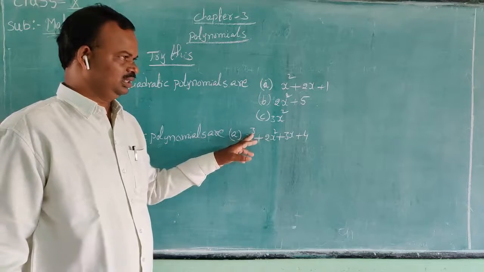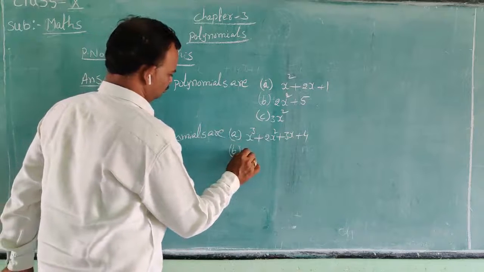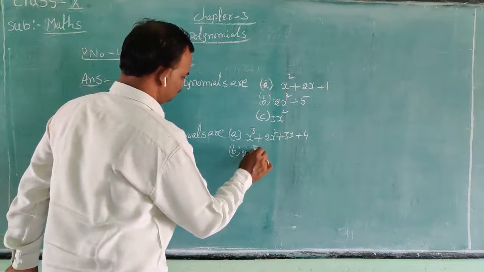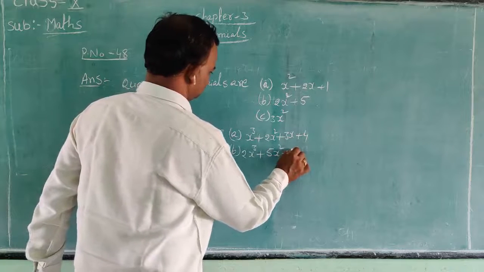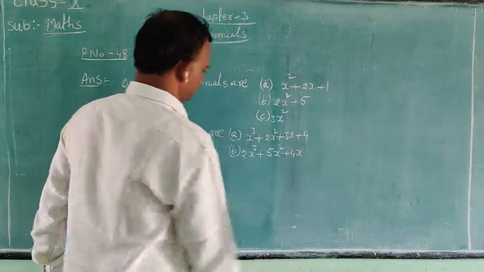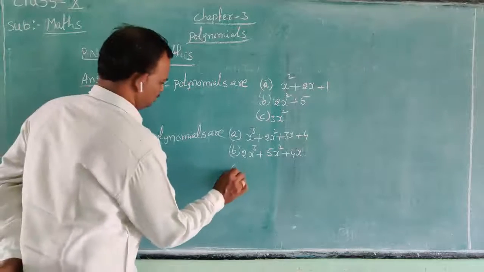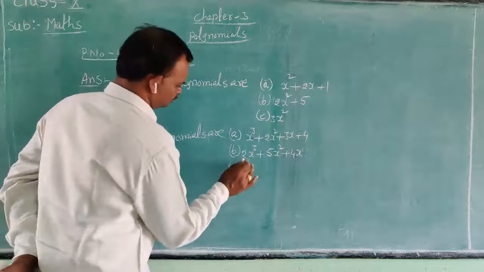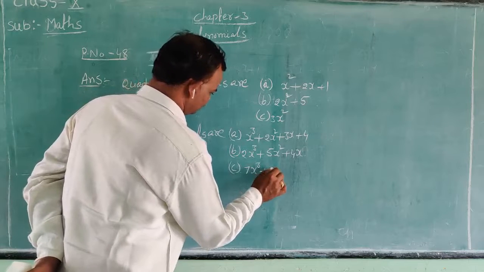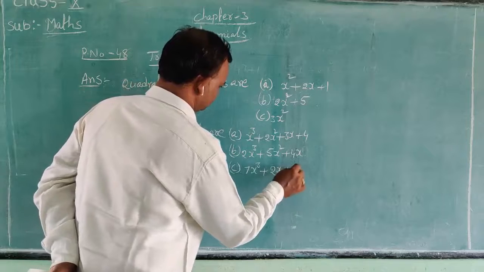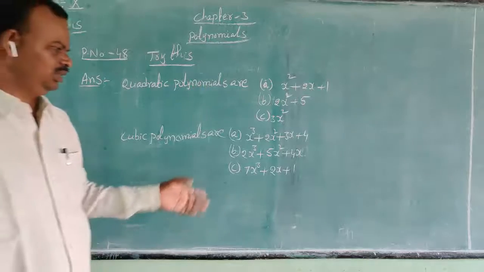The next one is x cubed plus 5x square plus 4x. It is also a cubic polynomial. Next, the third one is x cubed plus 2x plus 1. It is also a cubic polynomial.